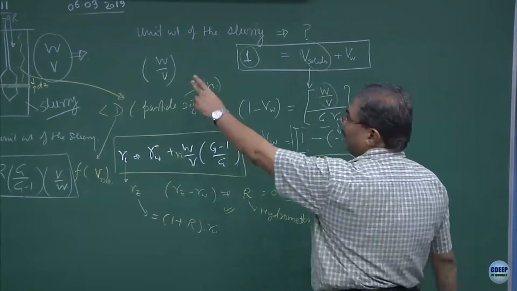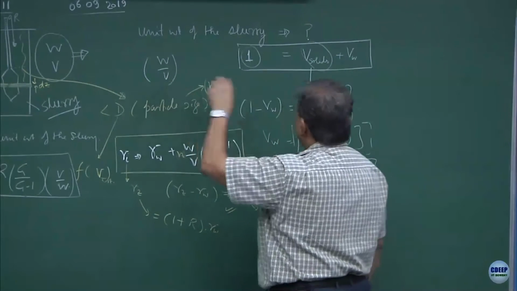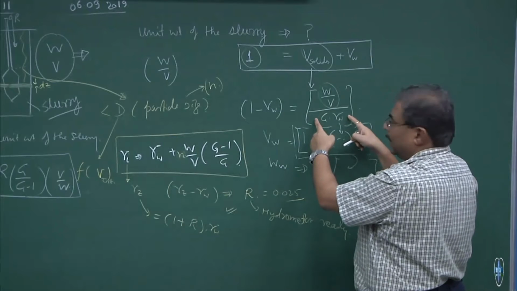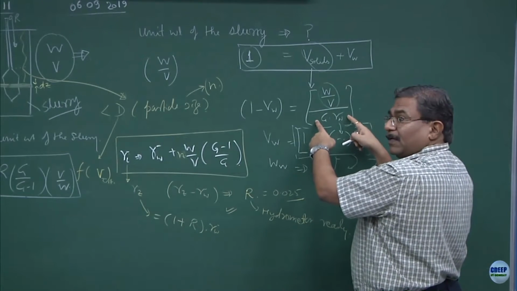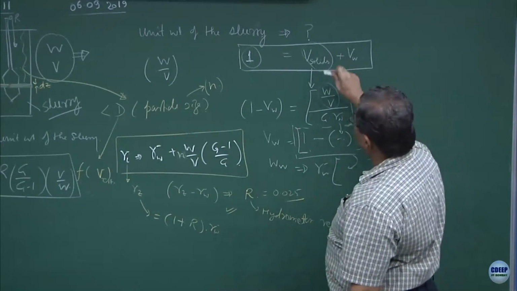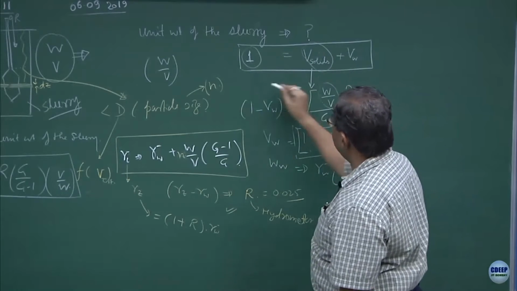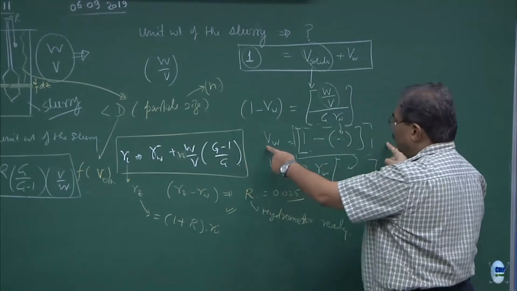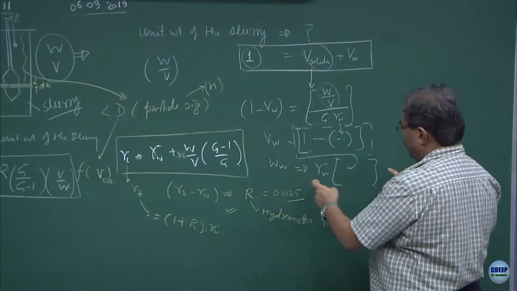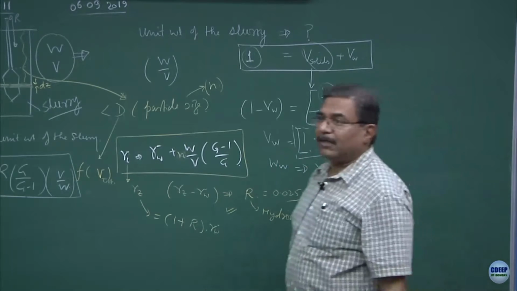If I know the total weight of the soil which I have added in certain volume V divided by G into gamma W, this is the component which gives you the dry component of the solids which are in the suspension form. So, this becomes the solids. And hence you can compute the volume of water, or V W will be this expression. Weight of water I can compute by multiplying this by gamma W. So, this becomes the weight of the water.